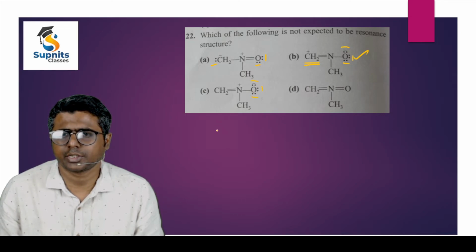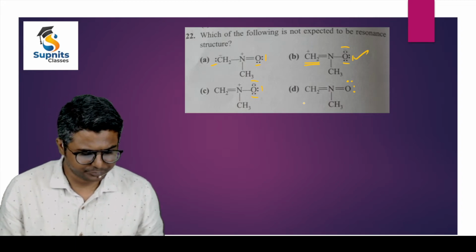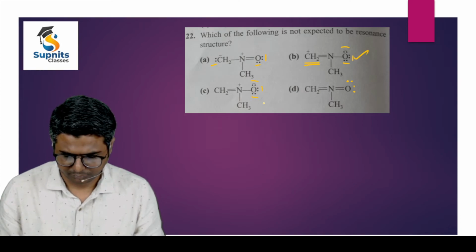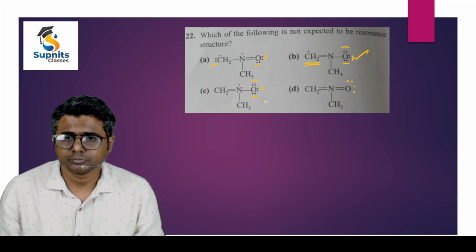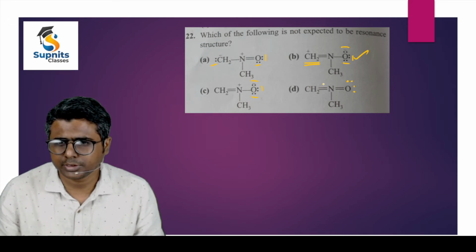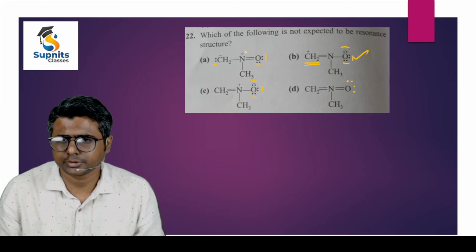1, 2, 3, correct. Here there will be 2 lone pairs again. This will be 2 lone pairs. Question number 22. So which is not expected? We also have to see if there are any like charges, negative charges on positive.